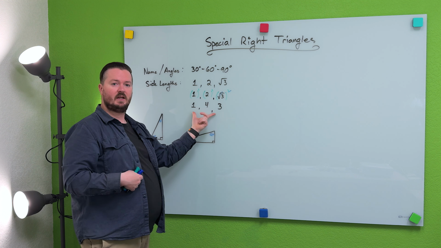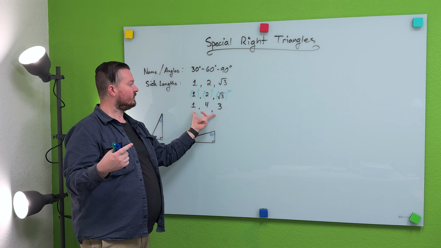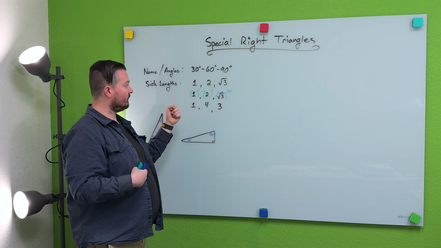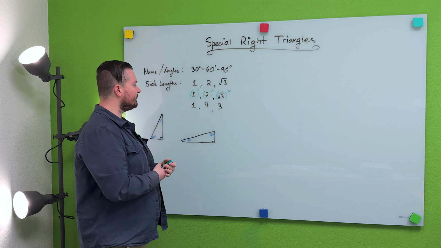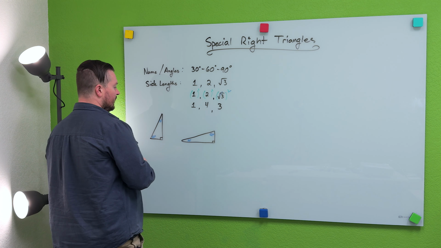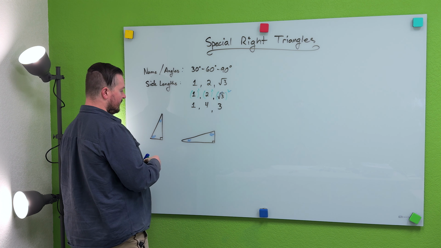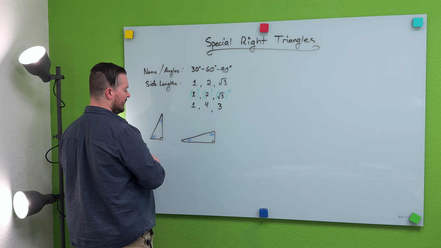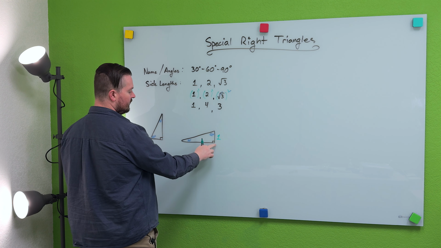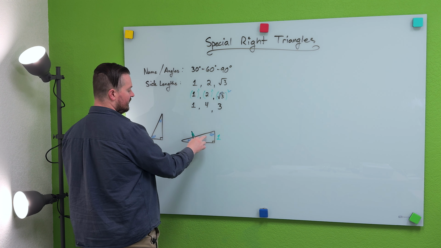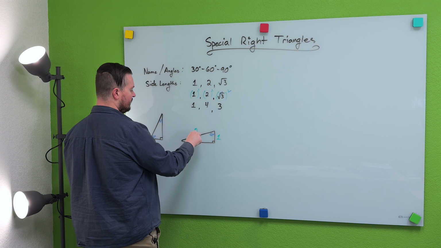So this right here was just for you and I to help remind ourselves which of these is the largest if you forget. So across from the smallest angle is the smallest side, 1. Across from the largest angle, 90, is the largest side, that's 2.